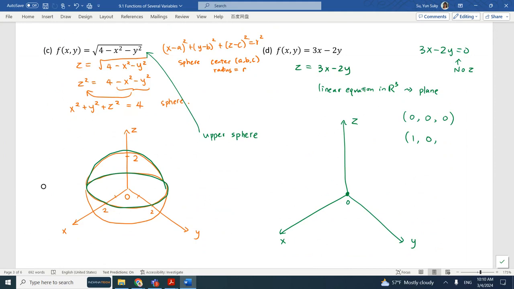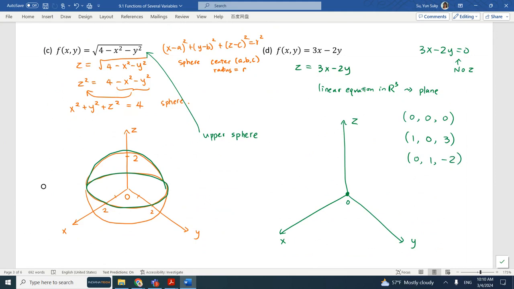Yes, it's 3. How about we plug in x is 0 and y is 1? -2, right? Everybody? Yeah, pick any 3 points.